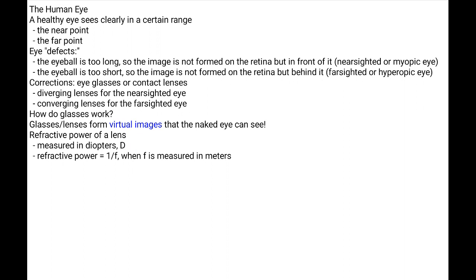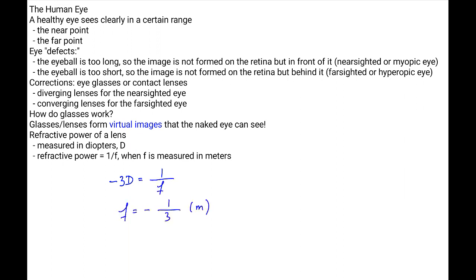So if you're told that your glasses have refractive power of -3 diopters, what that means is that you have a focal length that's 1 over that. So focal length is -1/3, and the unit for this will be in meters.